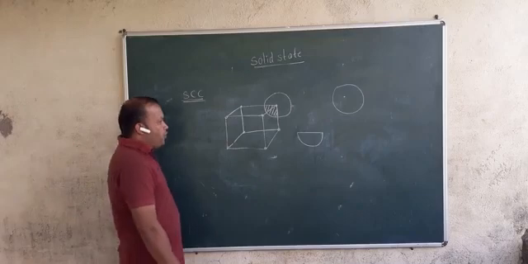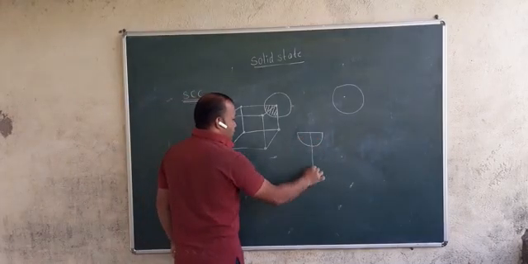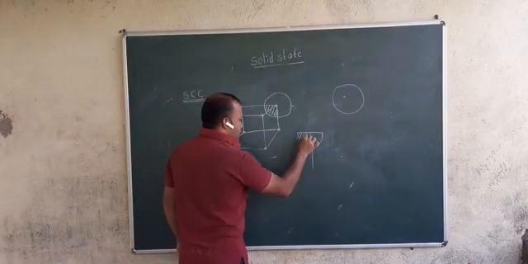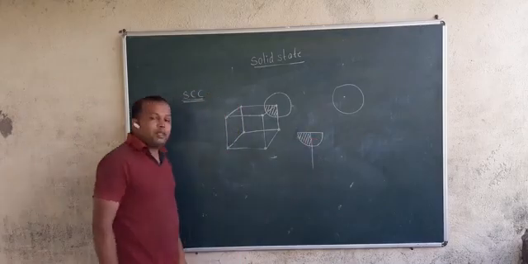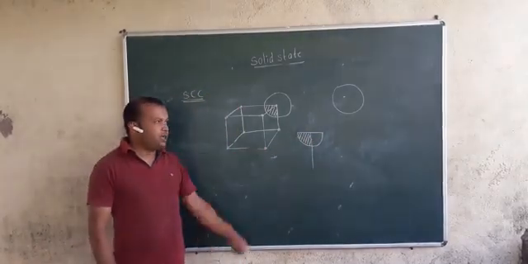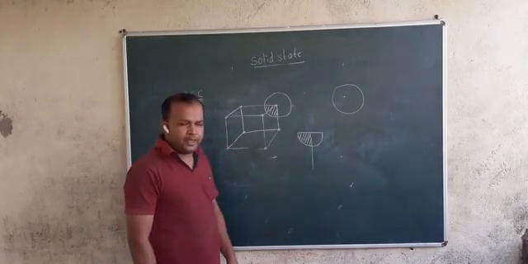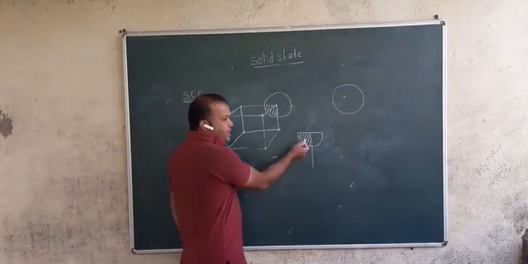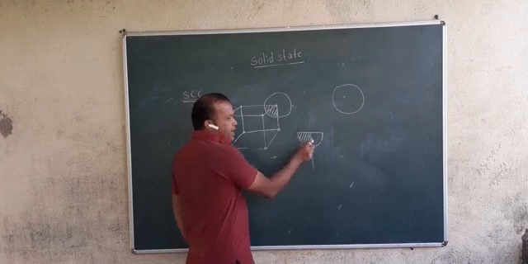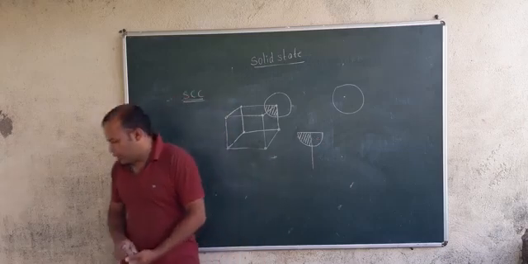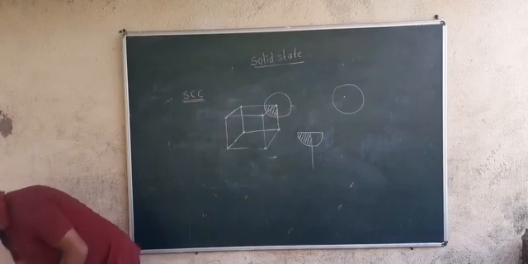Out of that half, this much part is in this unit cell. How much part of this is it? Now you see, if this is the first part, this is second, and as it is a circle, see here, I will show you.